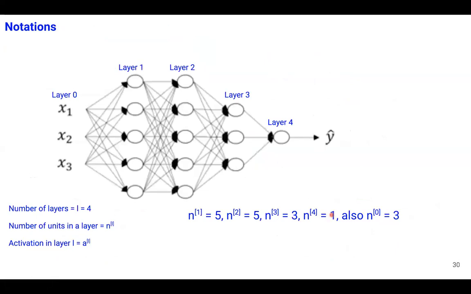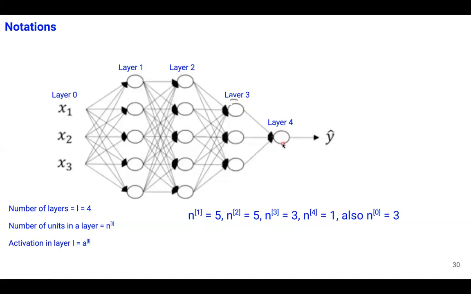So notations are important because as we are increasing the number of hidden layers, we are essentially increasing the complexity of the network, which is also known as architecture. So that is why rediscussing the notations is important. The number of layers is generally denoted as L. In this case, it is 4: 1, 2, 3, 4.